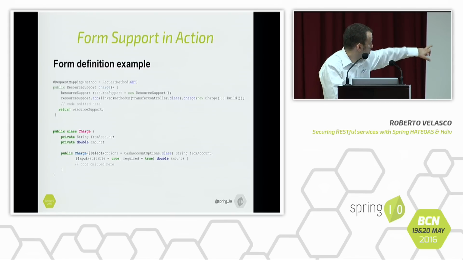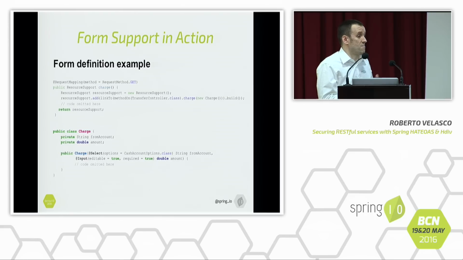In that case, we have used the select annotation, okay, to define the possible values for a specific field, okay? And we have used the input annotation. That means that we are defining a text field. Okay, so using this metadata, we can render afterwards the format that we want. Okay, we can render HAL-FORMS, we can render HTML, whatever. Okay, so that's the idea.